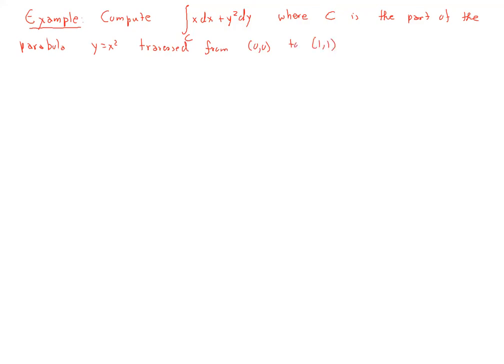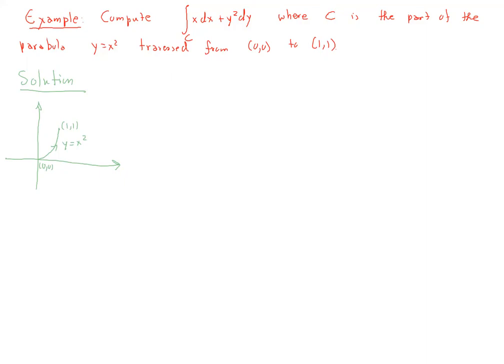Let's see how this works. First of all, let's sketch this path. Something like this. So y is equal to x squared, and we go from (0, 0) to (1, 1). It seems that the proportions that I chose here leave a lot to be desired, but regardless, let's work with this. The orientation of this path is like this.